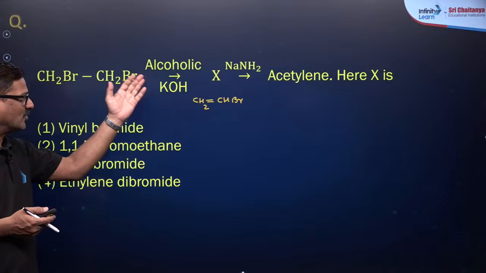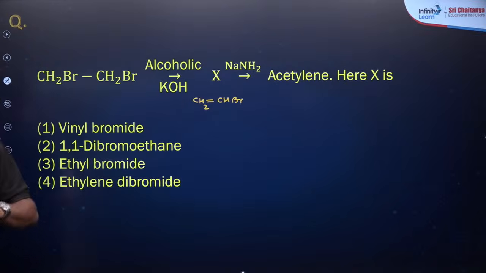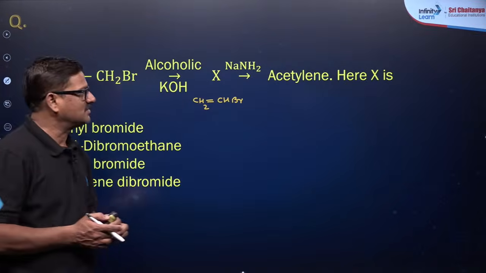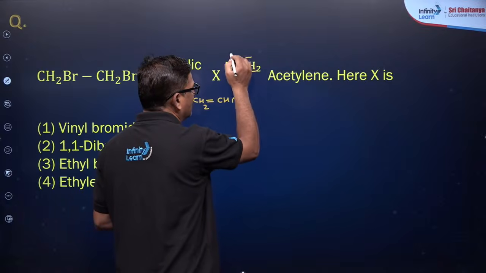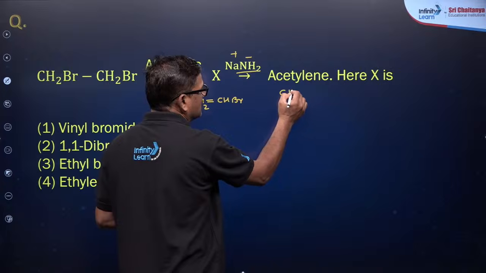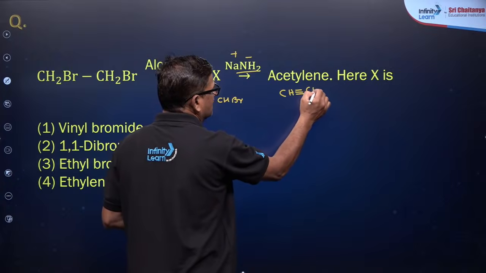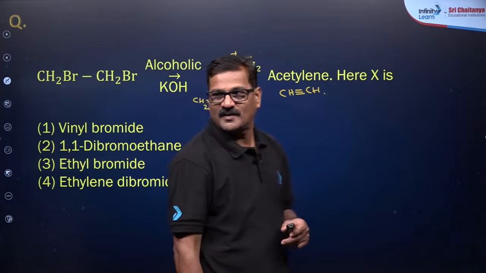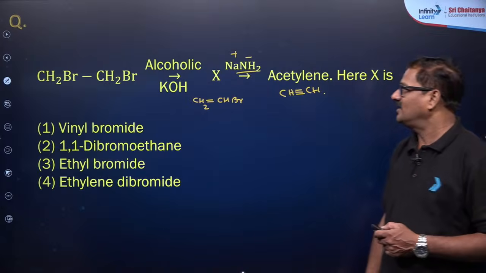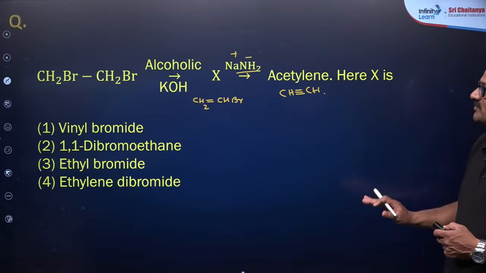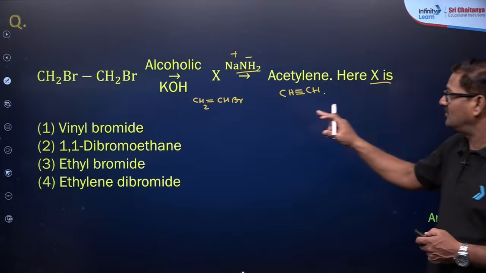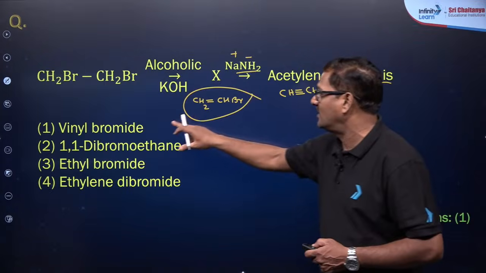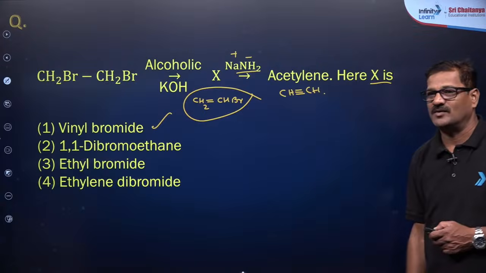And with alcoholic KOH only one dehydrohalogenation takes place, and if you use a strong base like NaNH2 it gives CH triple bond CH. Similarly, you see the answer is going to be 1. So the X here is vinyl bromide, the answer is going to be vinyl bromide. Got it?